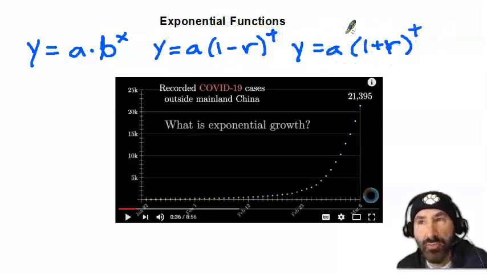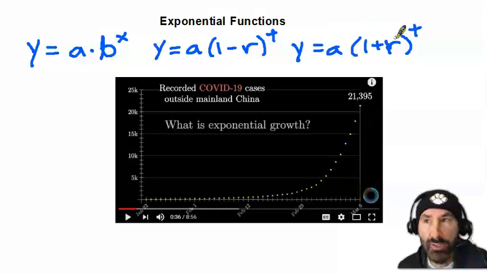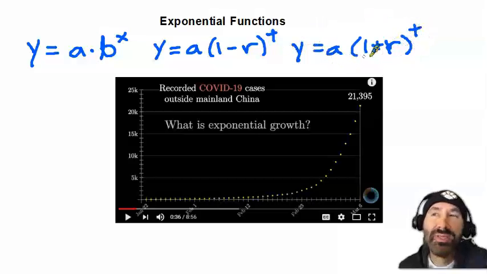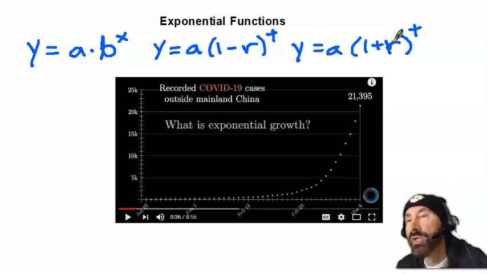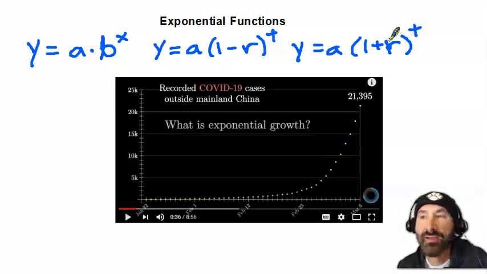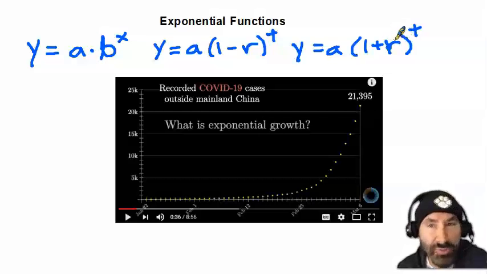Over here is another way to write an exponential function, except this is exponential growth. This would be like if you put money in the bank and the bank paid you interest. R would be the interest rate. This would be the percent that you go down for your car. This would be the percent that you go up. Interest rate is a percent. So for instance, you could make 5% on your money, or 3%.